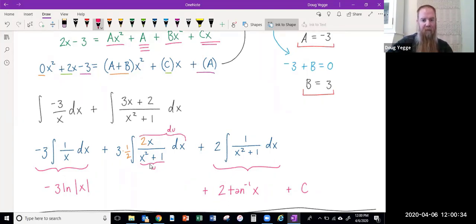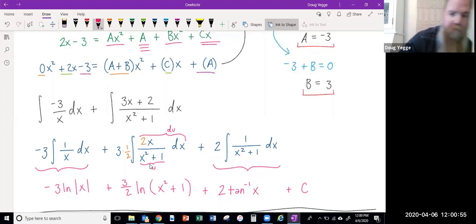And so all that's left is 3/2 times the natural log of the bottom. Now notice that I could actually just put this in parentheses. I don't need the absolute value because I know that x squared plus 1 is always positive. So the absolute value is fine if you put it, but if you don't put it, it's totally okay as well. So this right here is our integral.